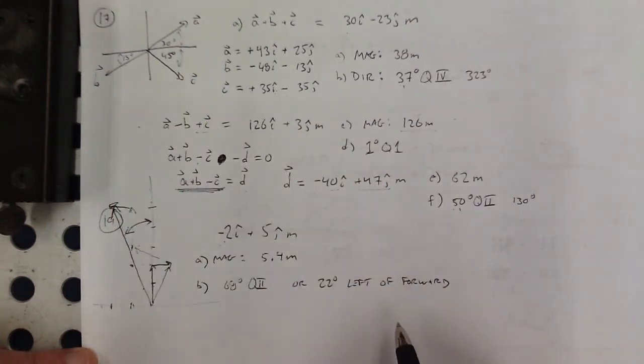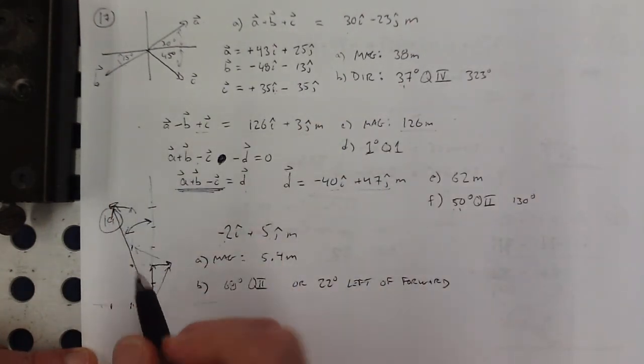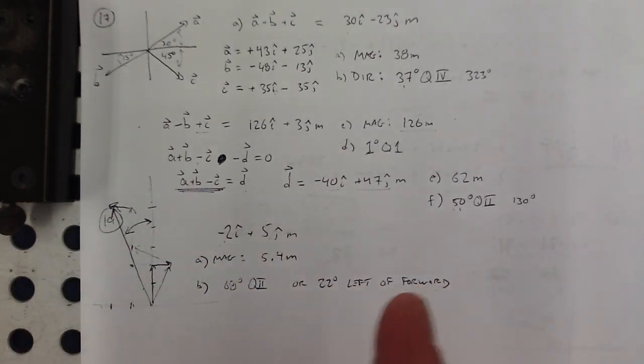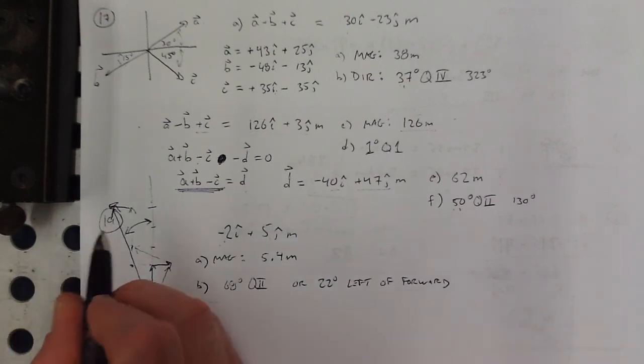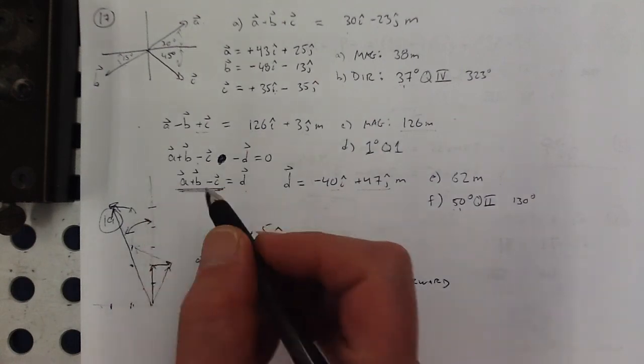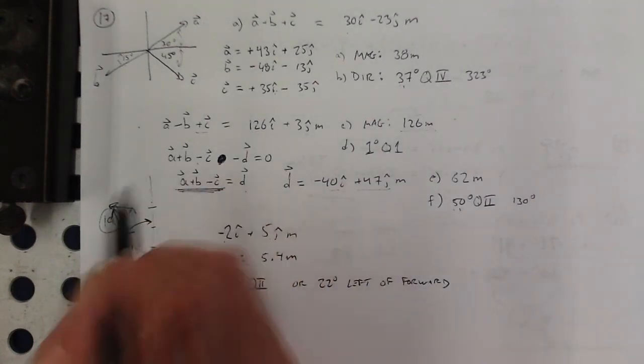If you said here that, oh, I said that it was west of north, and that's the same thing, right, Mr. McGrath? No, it's not the same thing, because there's no reference in this question about what north, south, east, and west are. We don't know how this lawn chessboard is laid out. We have no reason to believe that this is north.